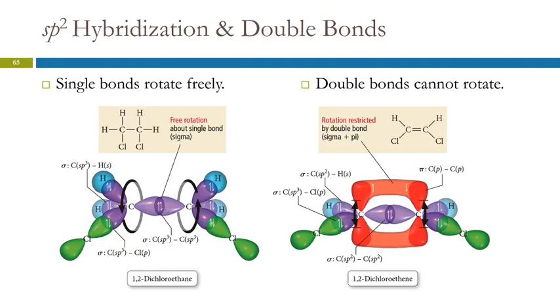Now I've got the two chlorines down here, and I've got hydrogens up here, and a single bond between the carbons. I can turn the one, and I can rotate this around. And in actuality, this does happen, and so a molecule like this has free rotation, and you can find it in many different combinations. Okay?